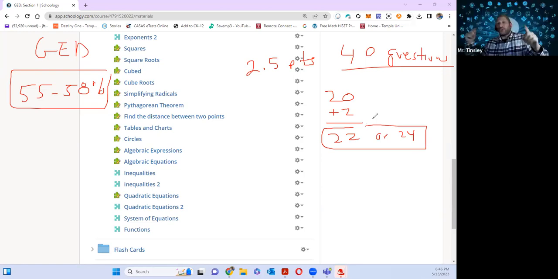So what you should be thinking, if I have 40 questions on my GED math exam, if you already know going in how many you need, it takes pressure off of you. Because now on those harder questions that you skip and flag for review, you don't have to worry about as much because you know in your head, we need 22 to 24.